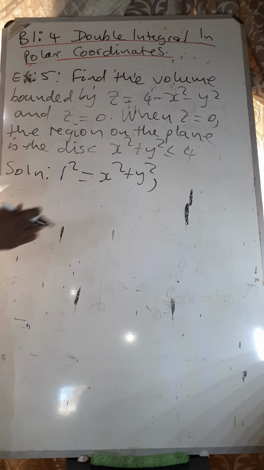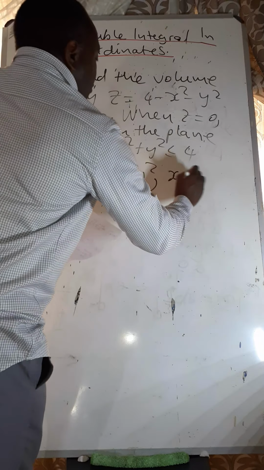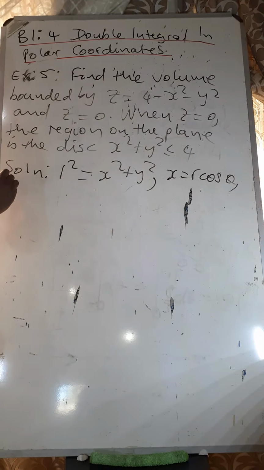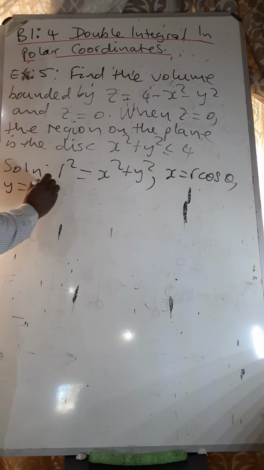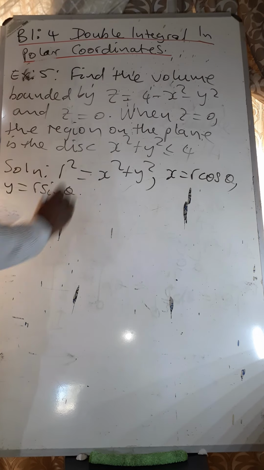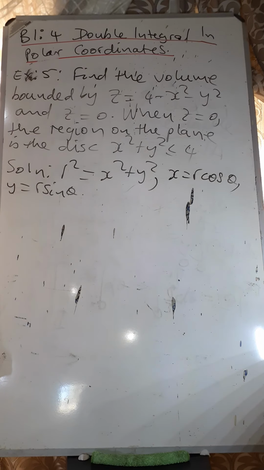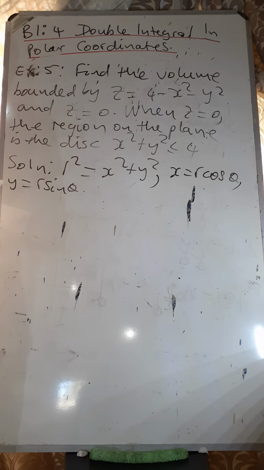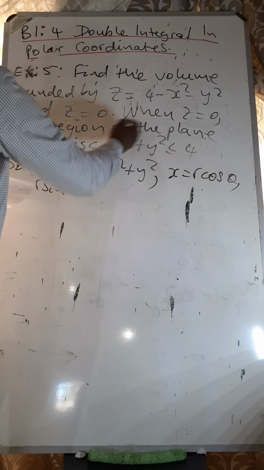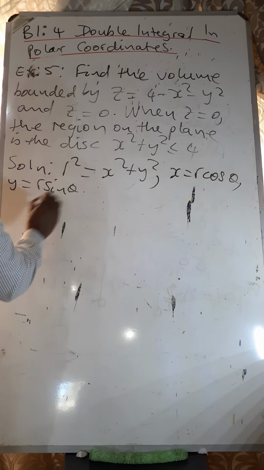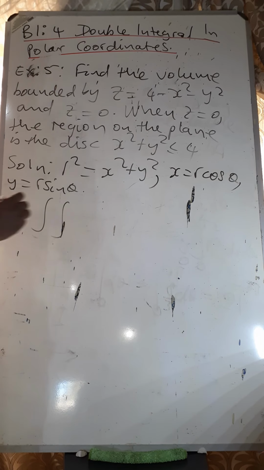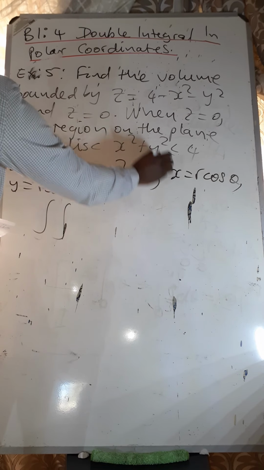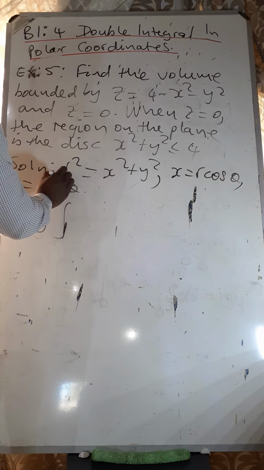Okay? So which then means our x is equal to r cos theta as previously, then y is equal to r sin theta. Okay? So the double integral we are going to integrate will be simply here. Instead of this, we put that.